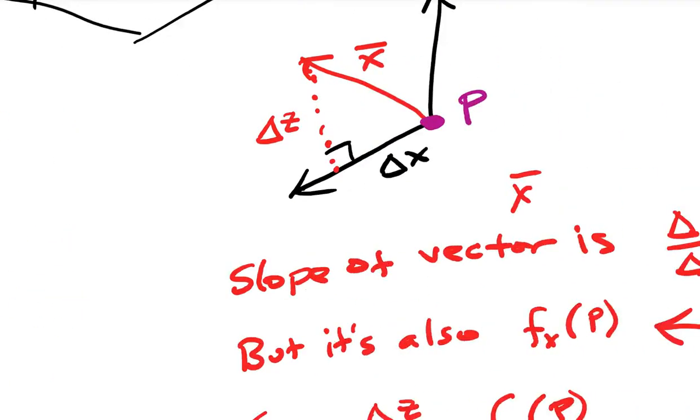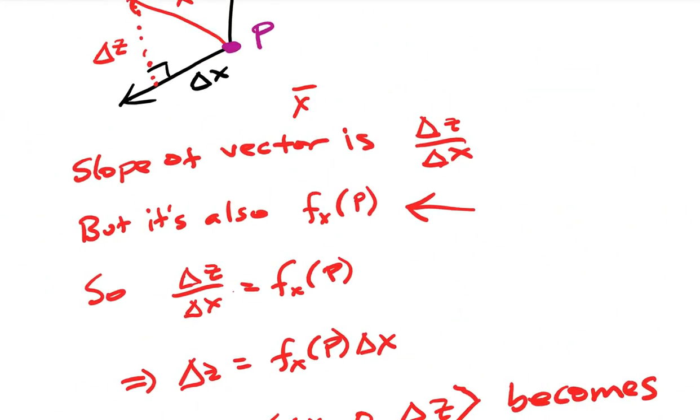So f sub x at the point P is the slope of the vector in the x direction.